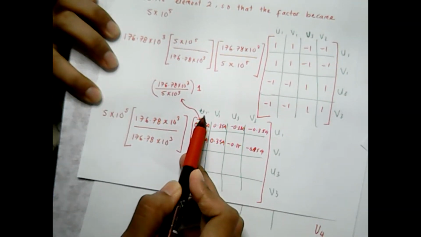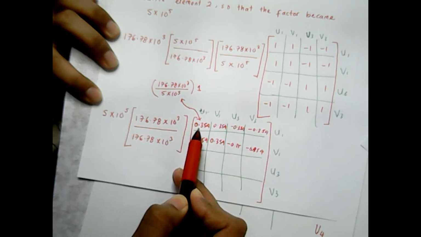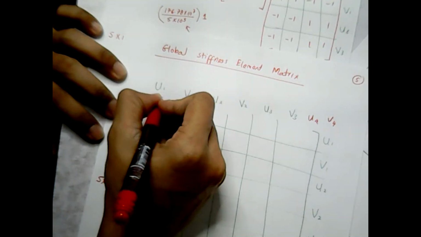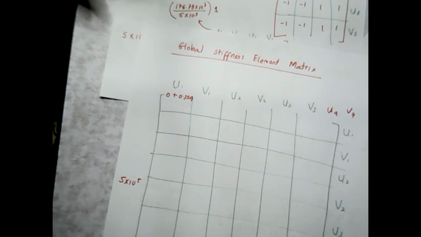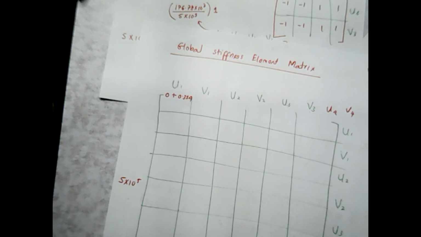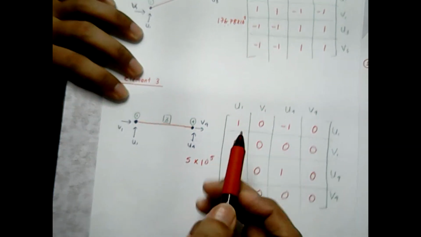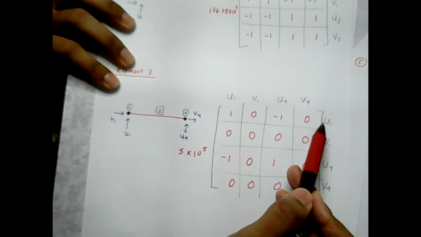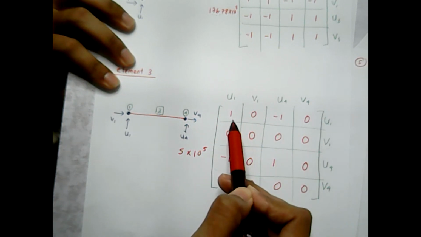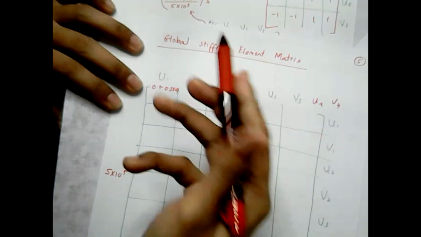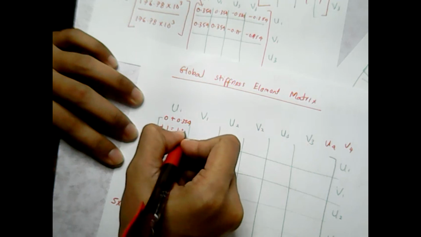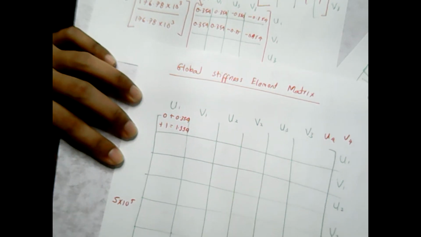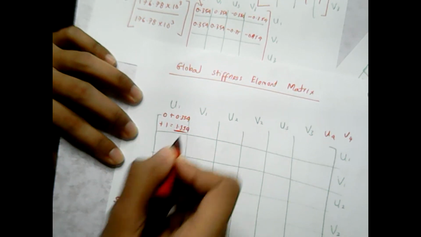You have u1 and u1, 0.354, plus 0.354, and then element number 3. You have u1 and u1 is 1, so plus 1, in total you get 1.354.